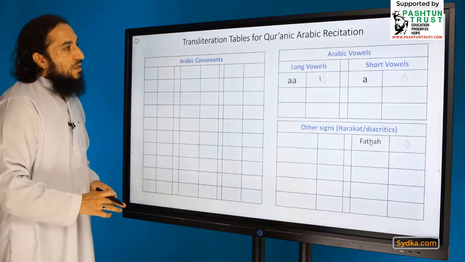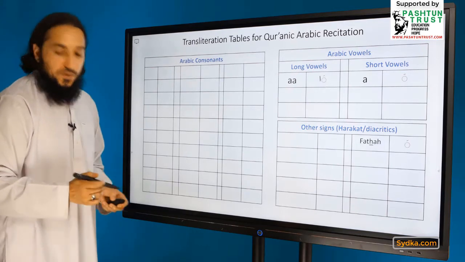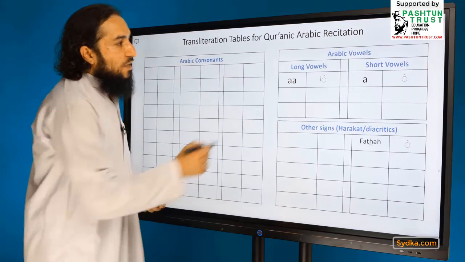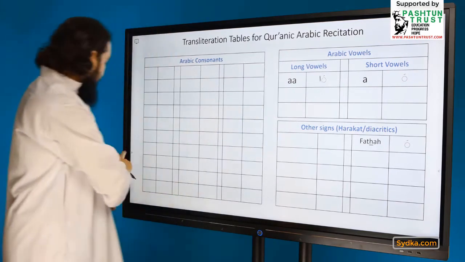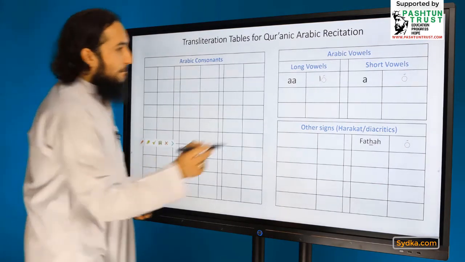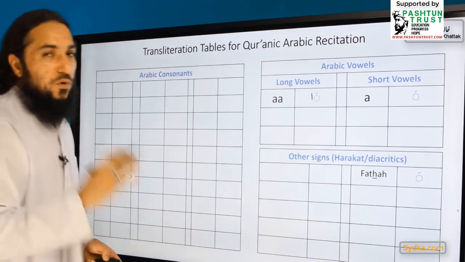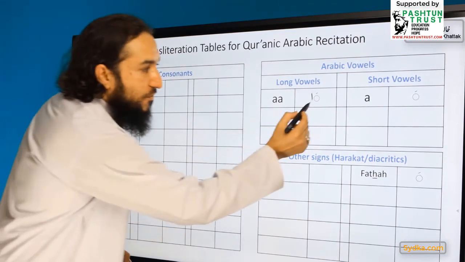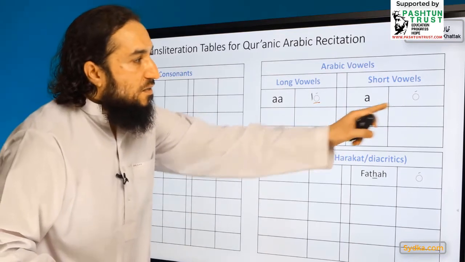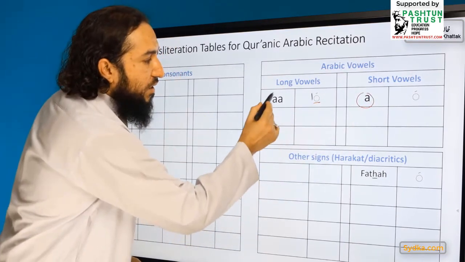What is the transliteration sign for alif as a long vowel? It is a long vowel only if the letter before it has a fatha. What is a fatha? Fatha is a short vowel. It's written as a single a, and a long vowel is a double a.